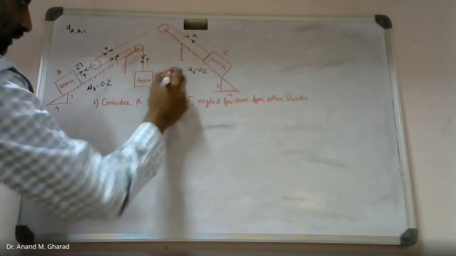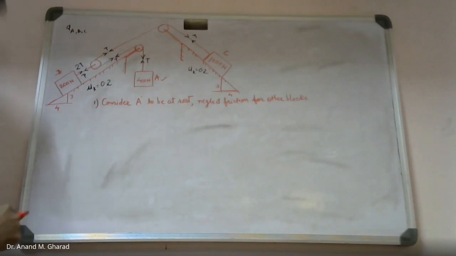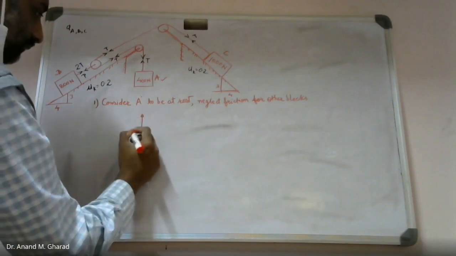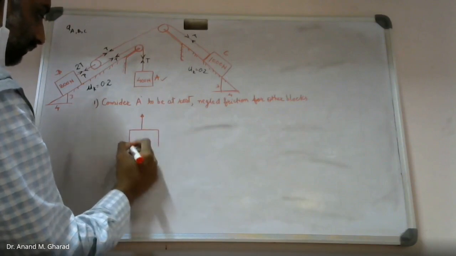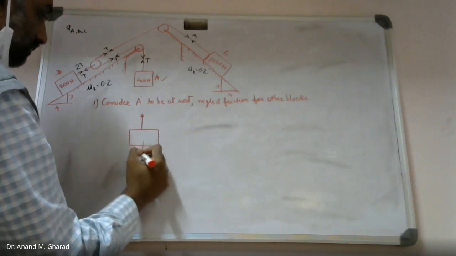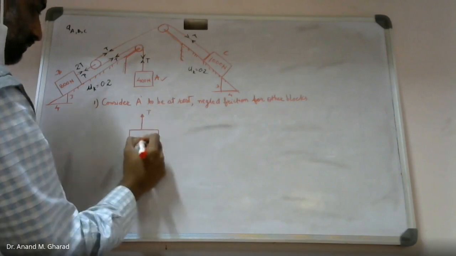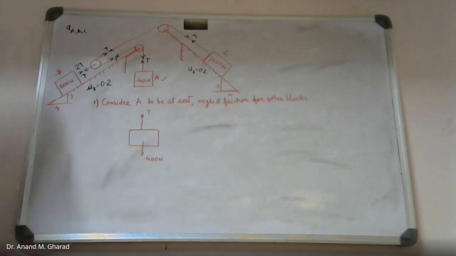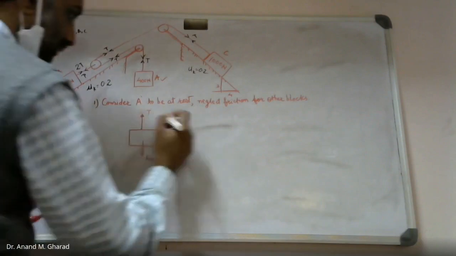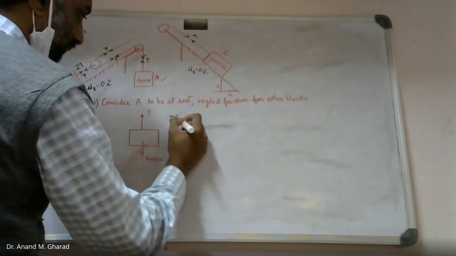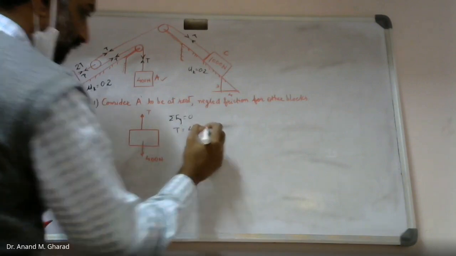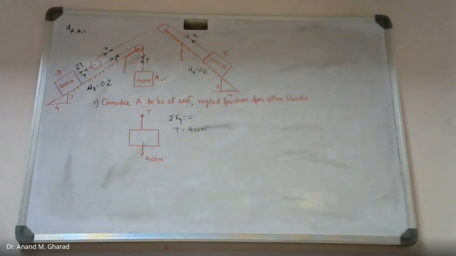In that case, since I am assuming block A to be at rest, I will draw the free body diagram for it. So it is very much clear from this free body diagram that force T will be equal to 400 Newton. Am I right?